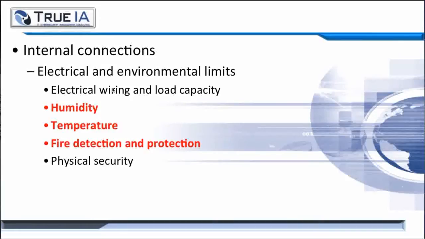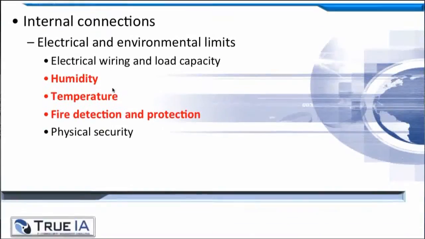Moisture and electrical equipment usually don't mix. What type of fire detection is going to be required? Are you going to need a wet pipe system or a dry pipe system? Are you going to need a hybrid like a deluge system? Again, at the building out of the infrastructure, this is the time to take these kinds of things into account.